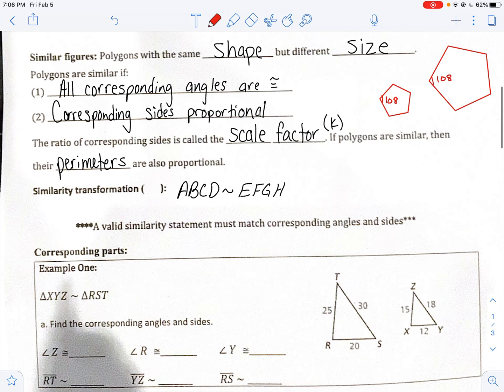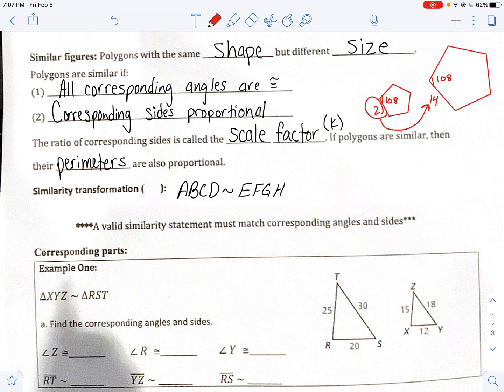So maybe the side lengths here are 2, and I have to multiply that by 7, my scale factor, to get the side lengths of the other figure. And the ratio of those corresponding sides, the number I have to multiply to get from one figure to the other, that's called our scale factor. And we use k as our variable.